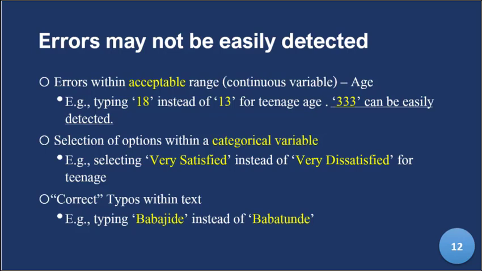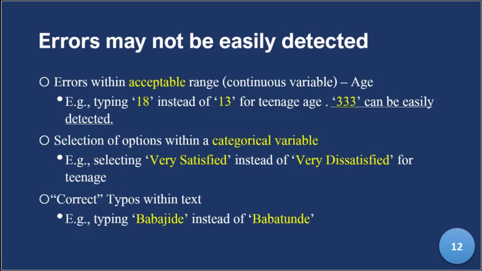In a continuous spectrum, and what I mean by a continuous variable is like age, like height, if someone made a mistake and put an extra 0.1, it may be difficult to find. But if you put 1.0, it could be so significant that you can detect that there's an error.